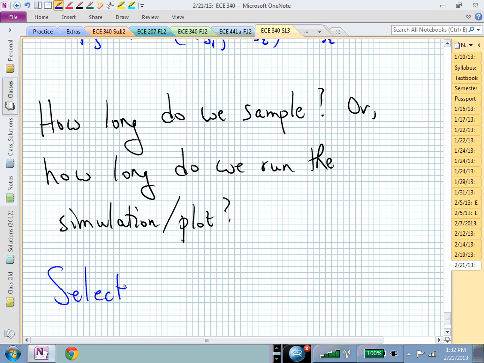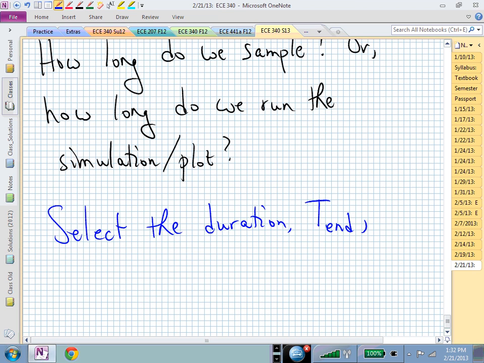Now we need to pick the tau that's the slowest, or the longest. So now we want to select the duration of our simulation, which I've got a lot of t's, don't I? Let me call that t sub n. You really have to worry about how these are subscripted. It's based on the slowest or longest time constant.